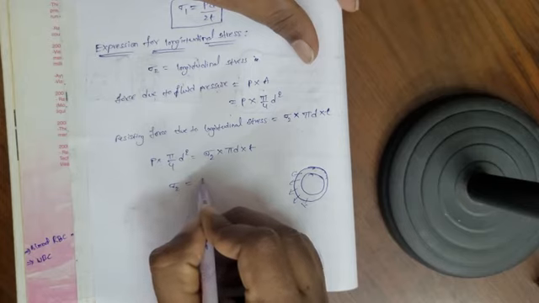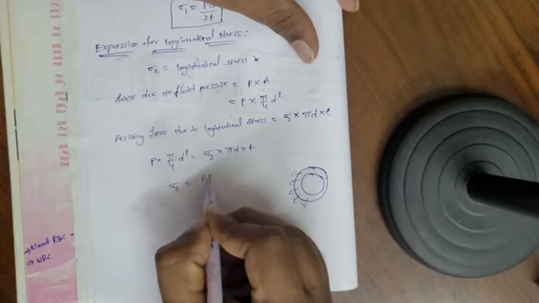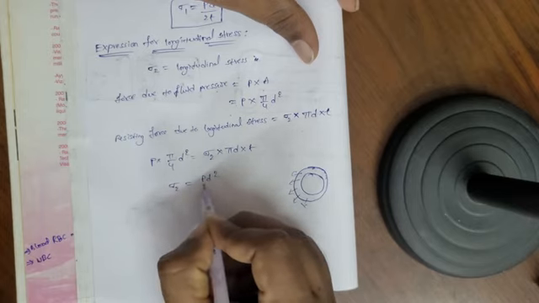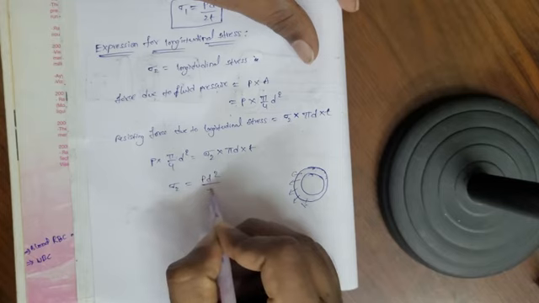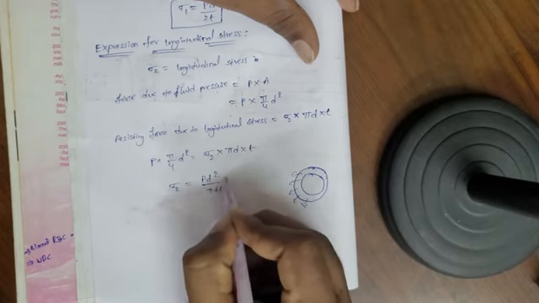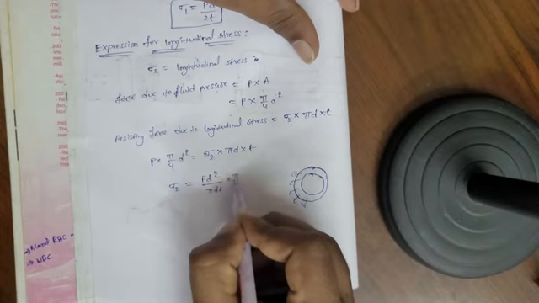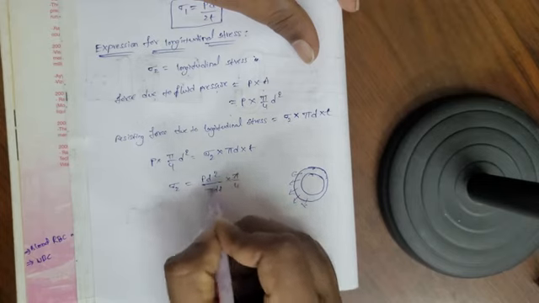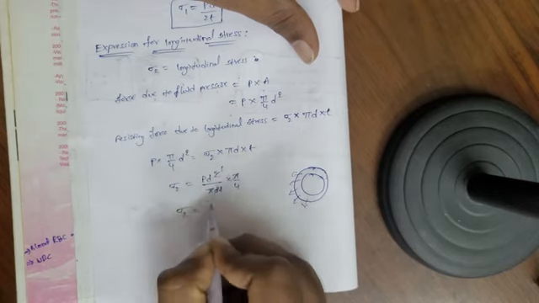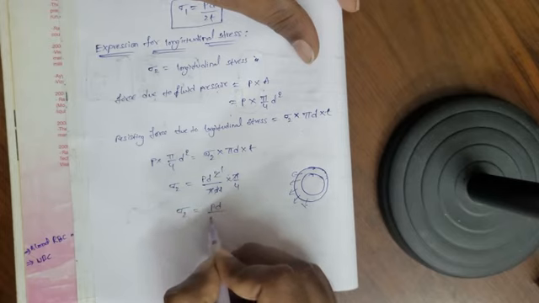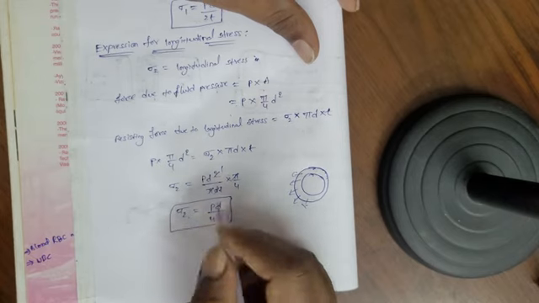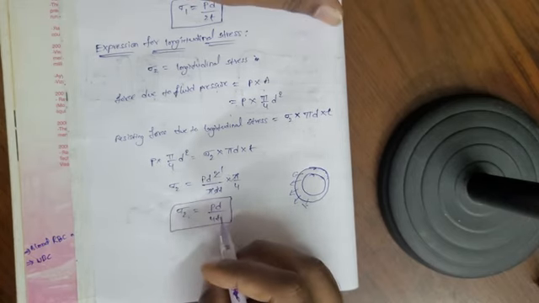That means P d square by pi d T into pi by 4. Here pi cancels and d cancels one time, so we get sigma 2 is equal to PD by 4T. So this is the expression for longitudinal stress.